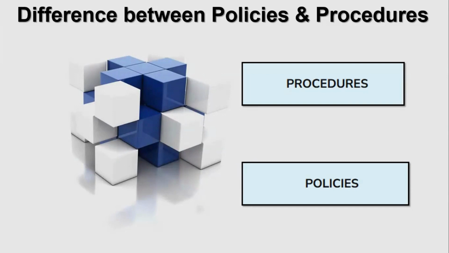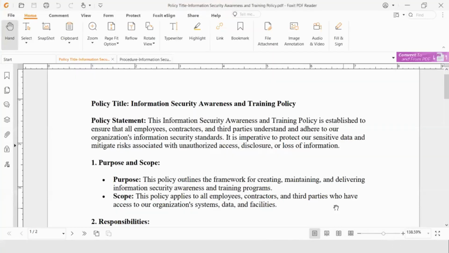Now, with that said, let's take a look at a policy and a procedure for the implementation of that particular policy. What you're seeing on screen is a sample of a policy, an information security awareness and training policy. If you notice, the policy has a certain structure.